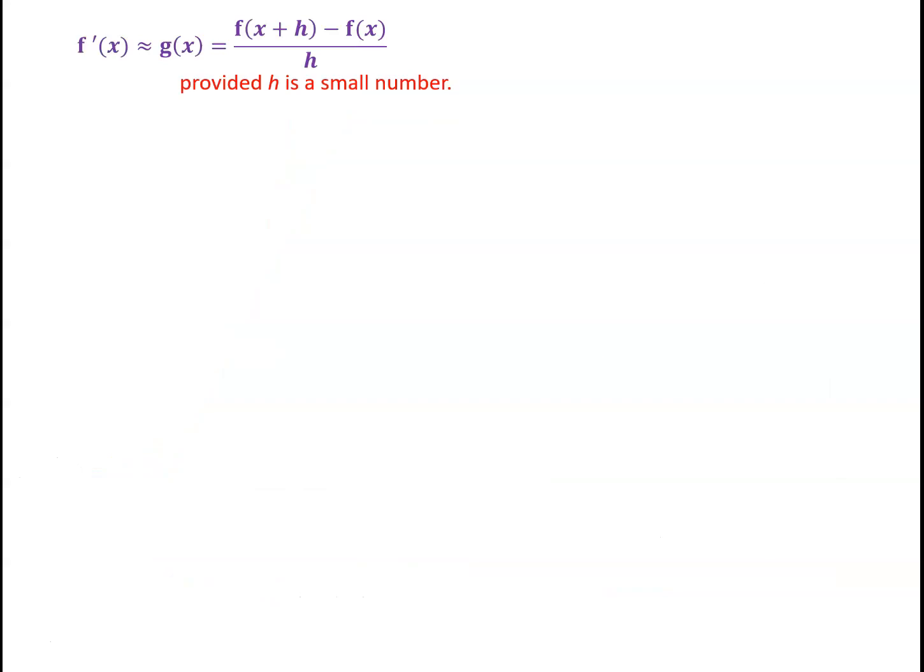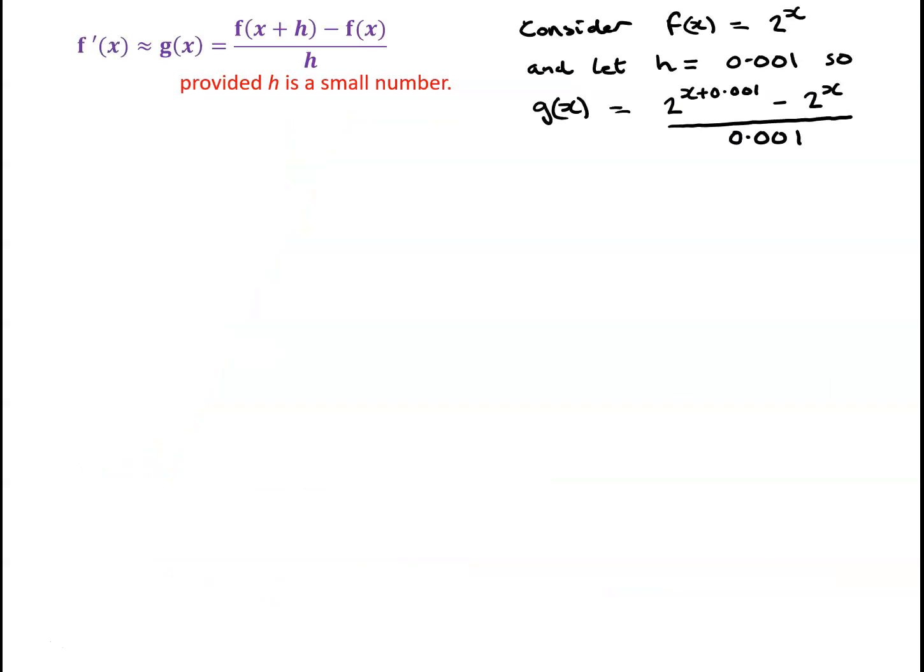So now let's use this with the function f of x being 2 to the power x, and we're going to have h being a nice small number, namely 0.001. So we've got g of x is 2 to the power x plus 0.001 minus 2 to the power x, all divided by 0.001.